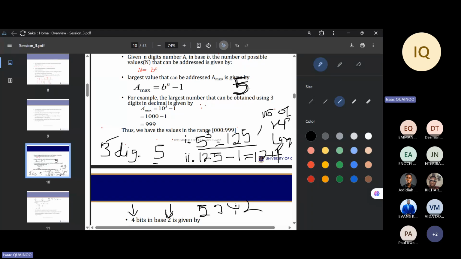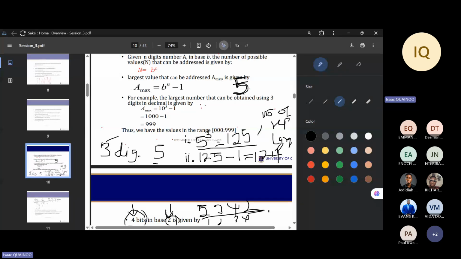But if they ask you to find the number of representations and the largest possible number that could be represented in that particular system, you just ignore all the numbers here. You only need two things: first, your number of digits, and second, your base or radix. So you count the numbers here, which is 1, 2, 3, 4.